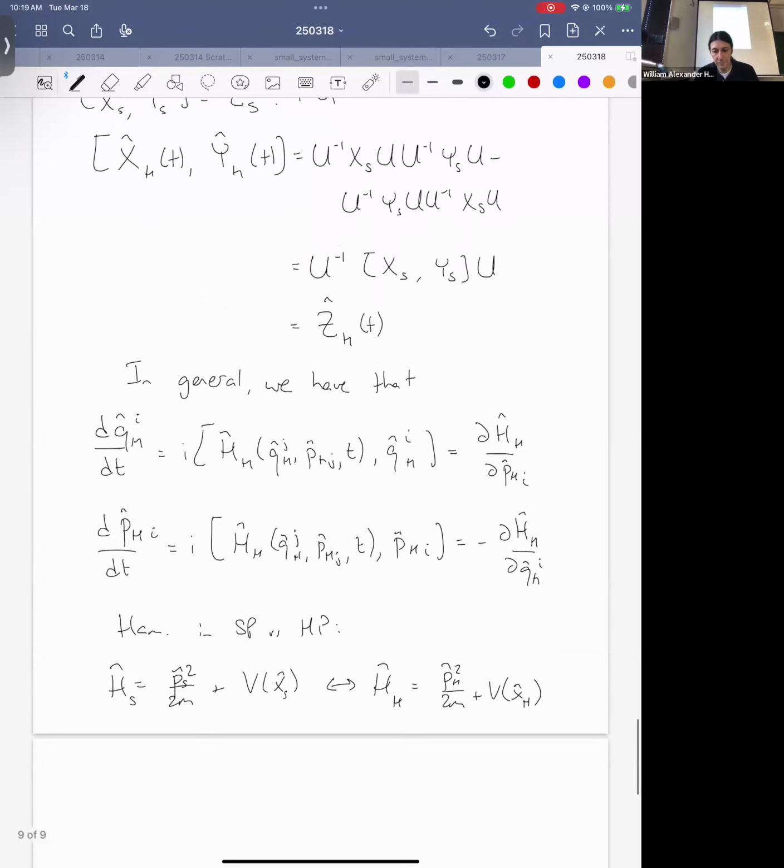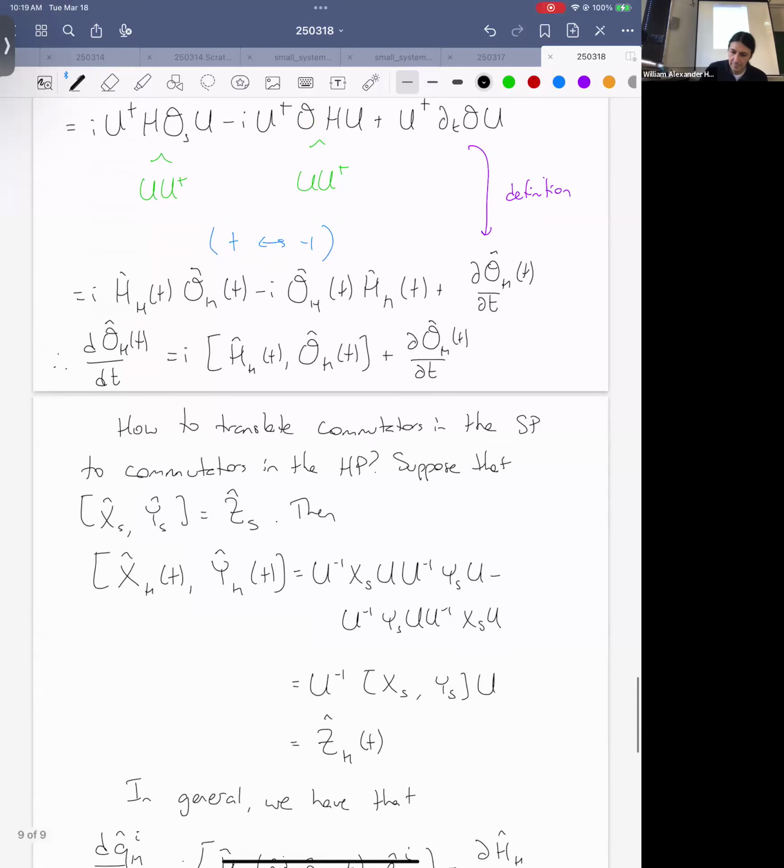However, you do know that the time evolution of the Hamiltonian is generated by the commutator of the Hamiltonian with itself, which is always going to be 0 if it's evaluated at the same time, plus the partial derivative. So any total time evolution of the Hamiltonian is going to be related to only its explicit time dependence.